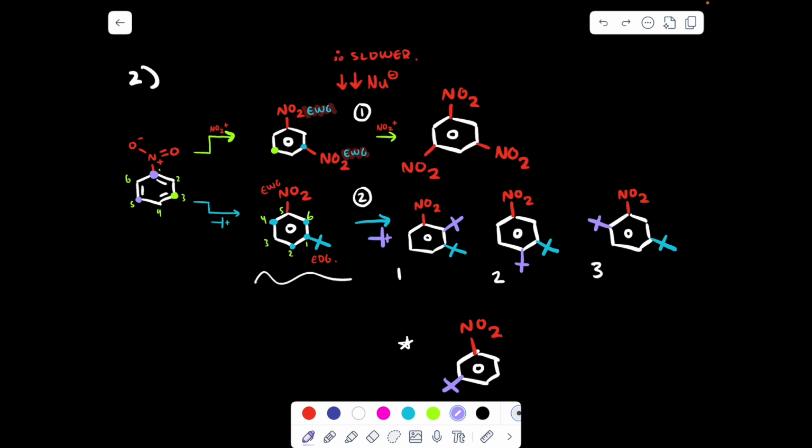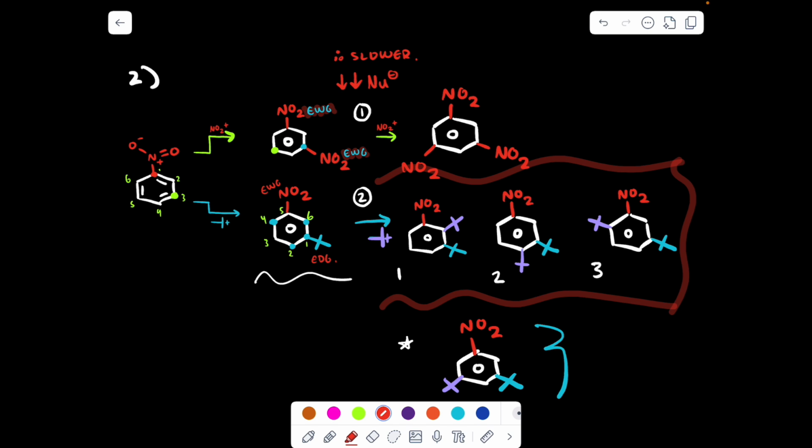So carbon number 5 with respect to our original labeling. And these would be your 4 products. But once again, this product, in my opinion, would probably be a bonus mark if this was on your test. The main thing that we would want you to see here is that you are going to listen to the donating group, and you are going to have to draw 2 ortho products and 1 para product.